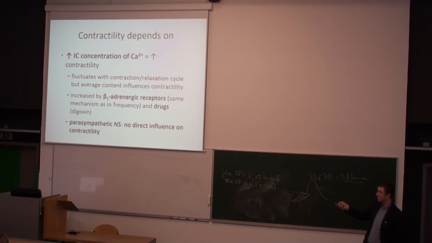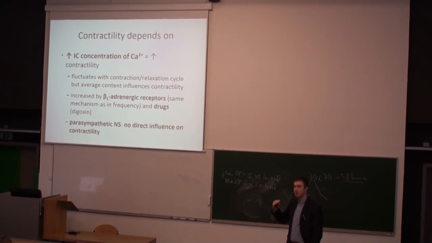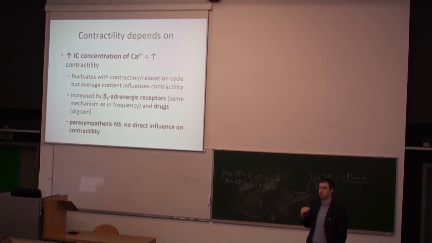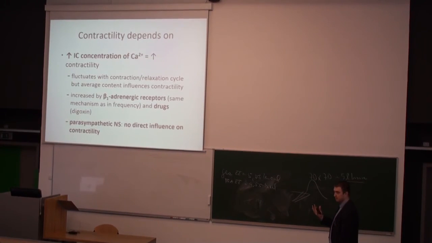By the beta-1 adrenergic receptors, you will increase the amount of calcium inside the cell, and therefore the whole contraction will be stronger. The mechanism is the same as we described with the frequency, only here we look at it from the point of contractility. And more calcium means higher contractility.